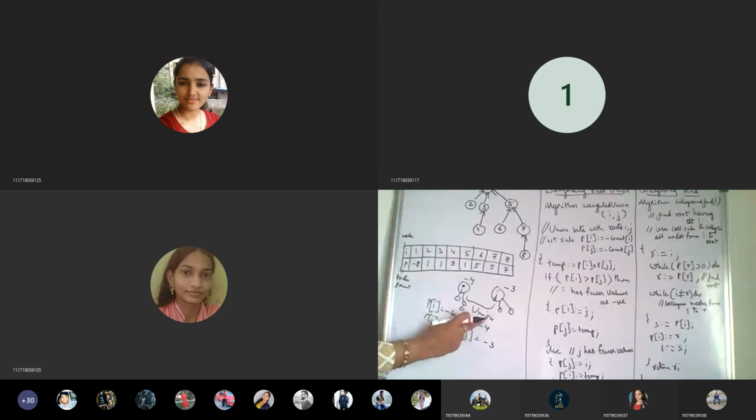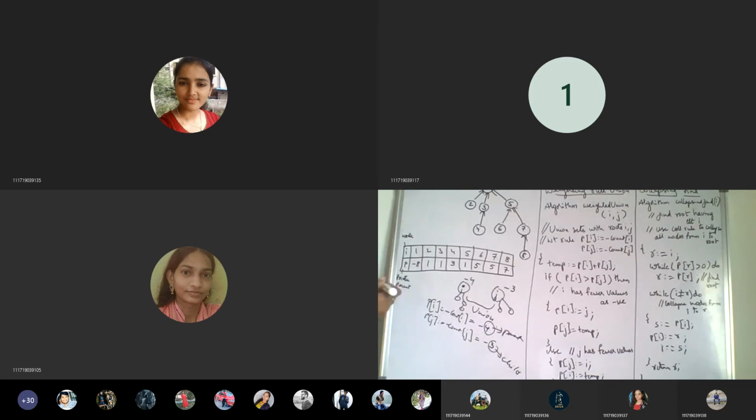Now in order to perform union, we look at the weights of those trees. Whichever weight is more, not the negative value, that will be the parent, and whichever weight is less will be the child.